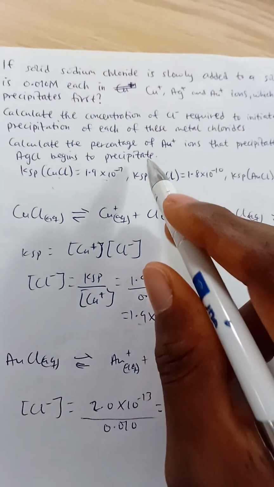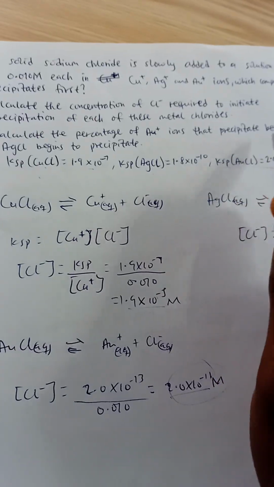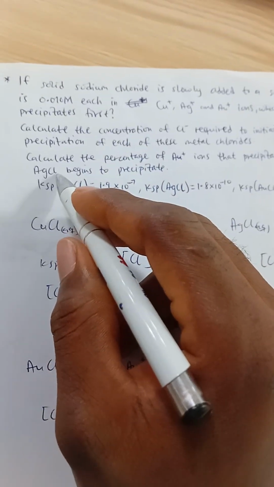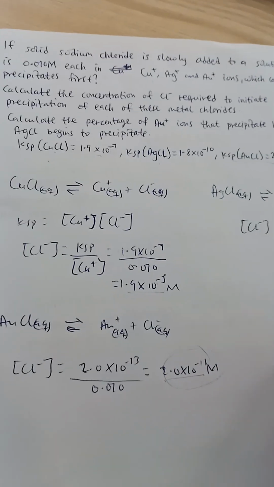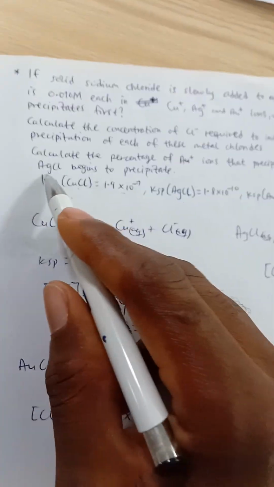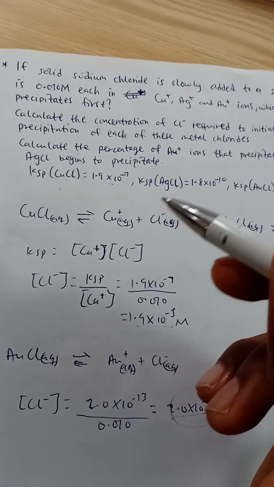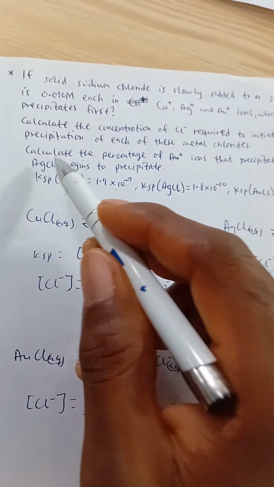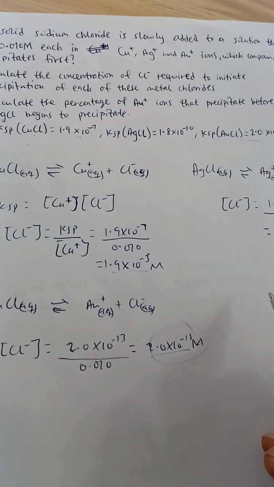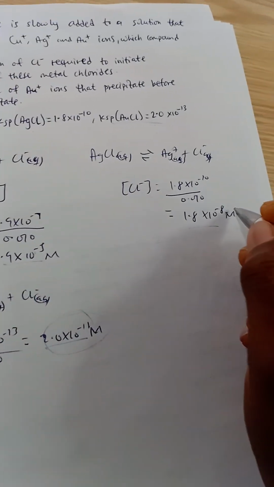Now calculate the percentage of Au+ ions that will precipitate before AgCl begins to precipitate. Before AgCl begins to precipitate means that at the time AgCl was precipitating, there was still some amount of gold in there. At that time, what concentration of Cl- do you require to precipitate the silver?